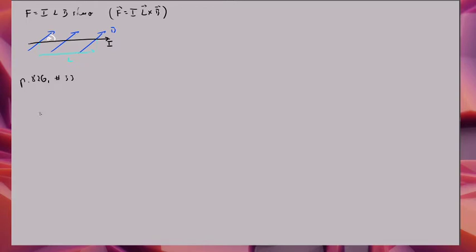So we have 3 wires, and I think I might need to draw this big enough. So let's say here's one wire. It goes like this. Here's another wire, and here's another wire, and each one of them is carrying a current I. I have 10, 10, and 10 amps for each one.